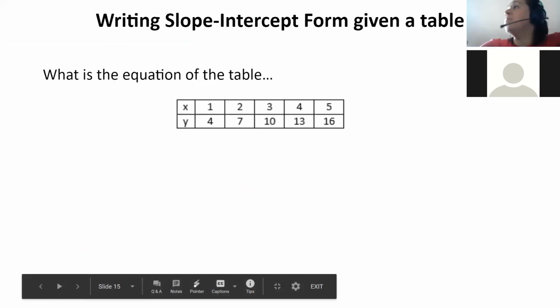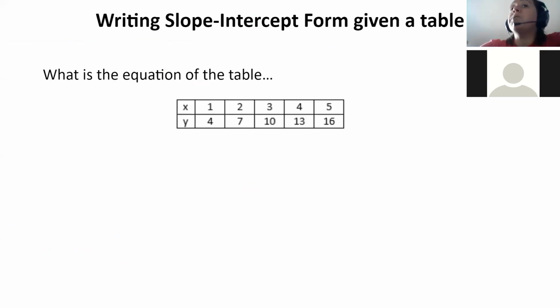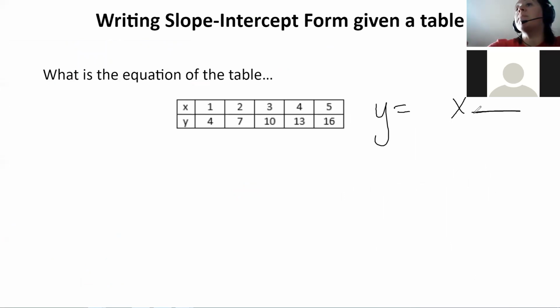Okay, so sometimes you have to find an equation given a table, and it works the same way. What's going to be the same all the time is y equals mx plus b, and your job remains the same. You have to find the y-intercept and the slope. So how would I look on a table and find a y-intercept?